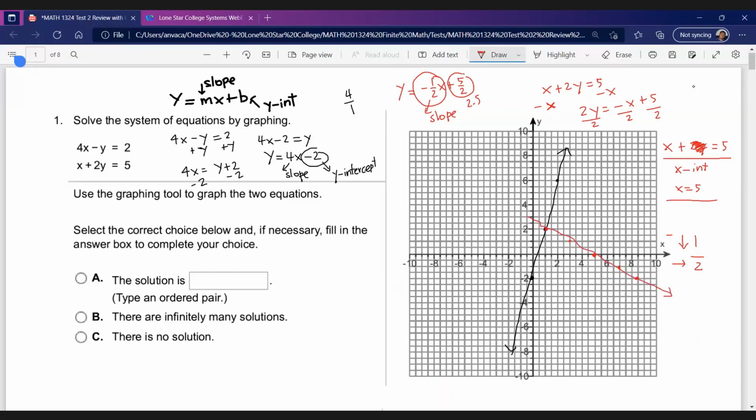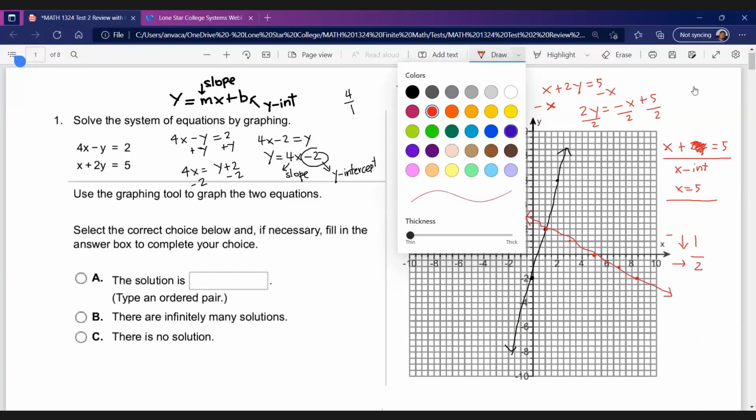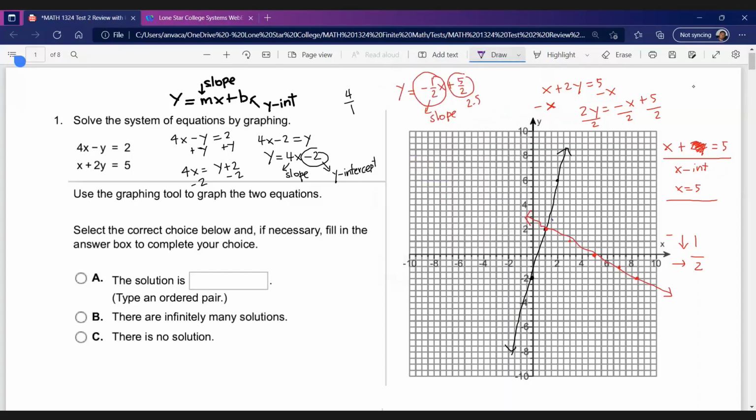All right, so what I'm noticing, let's see. We could use a different color for a solution now. What we're looking for is a point of intersection. Since both of these lines intersect at the point (1, 2), that will be the solution.